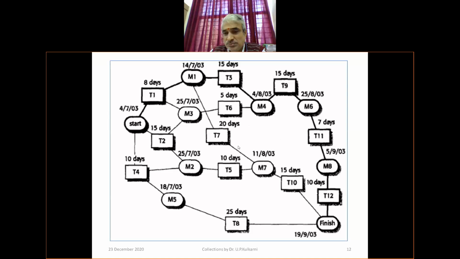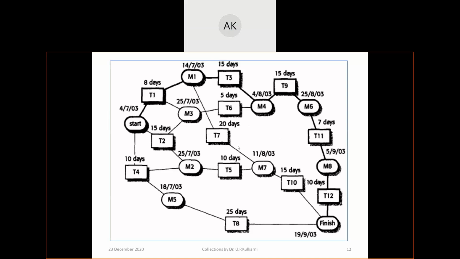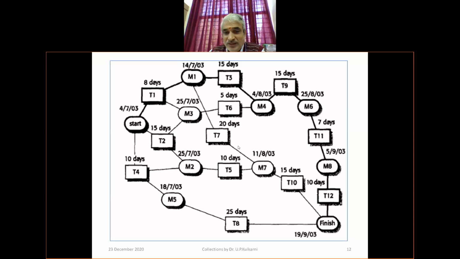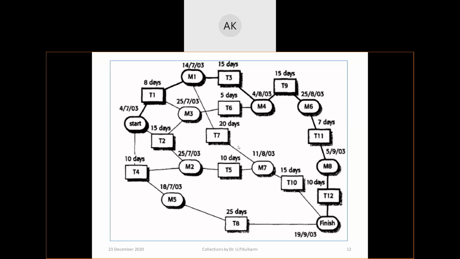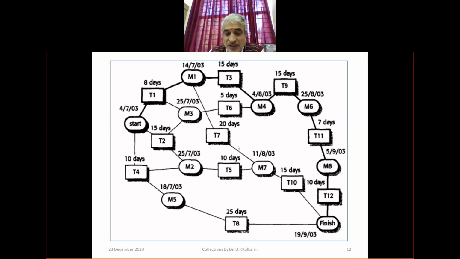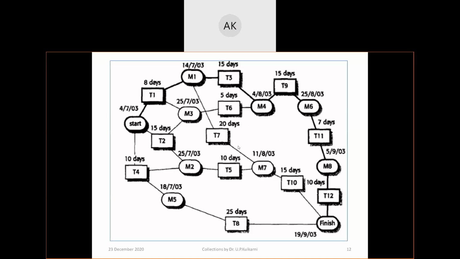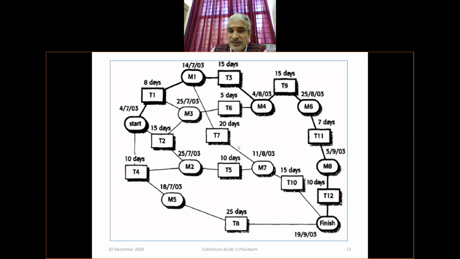Second one is milestone. Third one is dependencies. Fourth one is duration for each task. That's all. This is the A part.